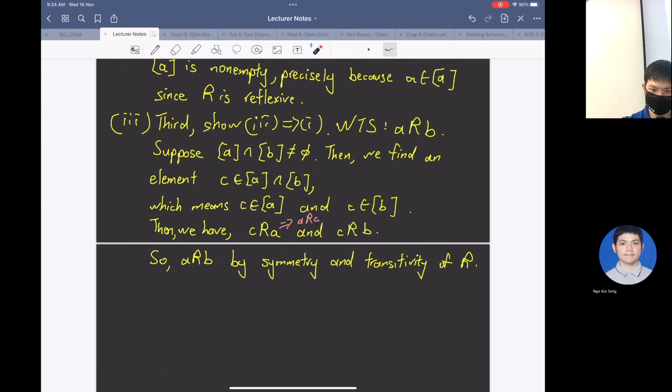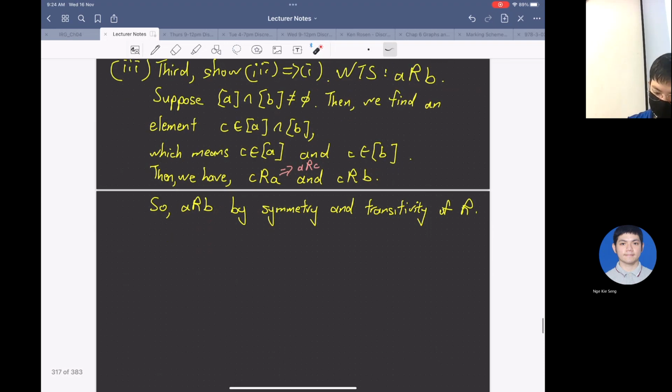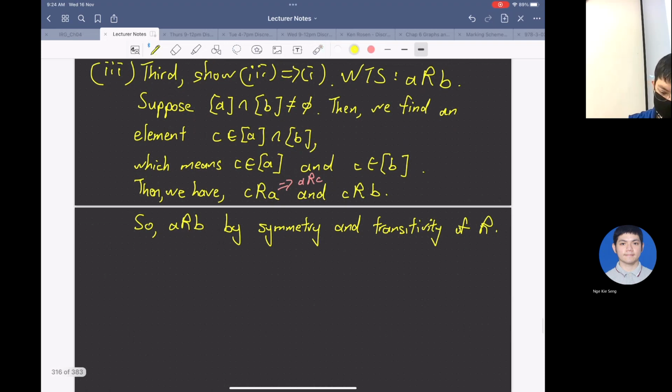So really, although we talked about partition last week, we never stated the real definition. Let's talk about the definition of partition first. What do we mean by partition?